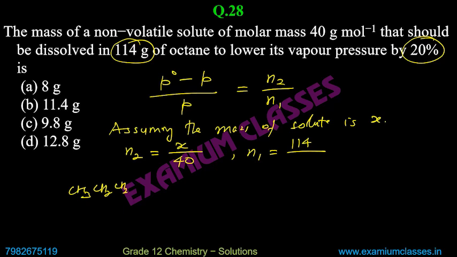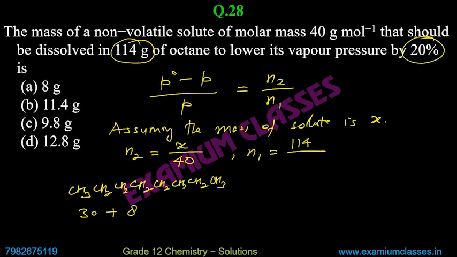CH3, CH2, CH2, CH2, CH2, CH3. 1, 2, 3, 4, 5. Means CH3 whole twice. Okay. 30 plus CH2, 14. 1, 2, 3, 4, 5, 6.